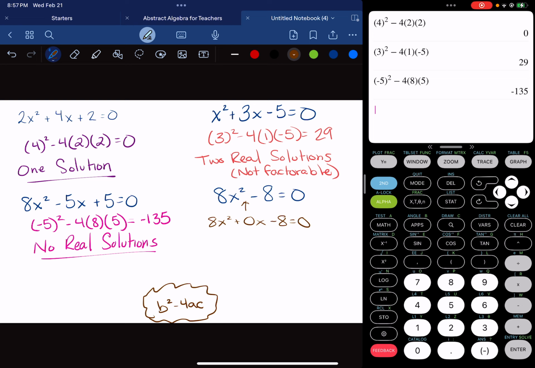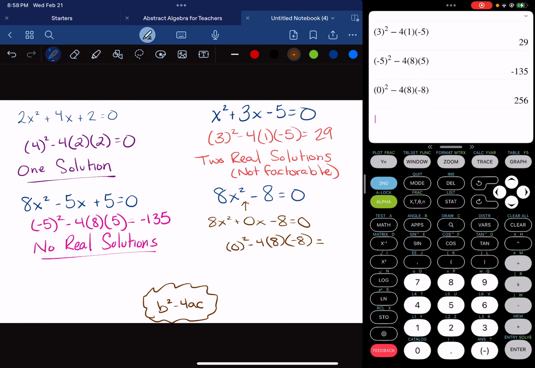So setting up the discriminant here, I get 0 squared minus 4 times positive 8 for a times negative 8 for c. So I'm going to type this in the calculator exactly like it's written, because I don't want to make an error with signs or anything like that. And we get 256.